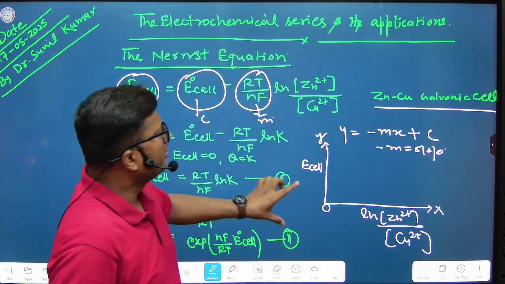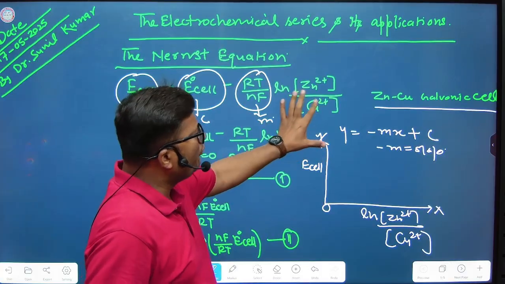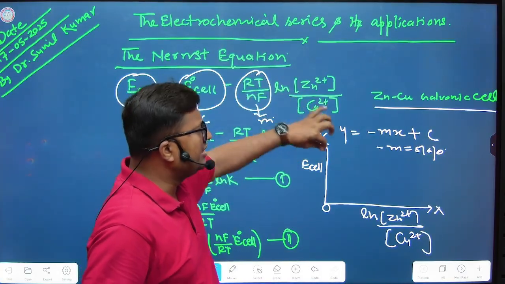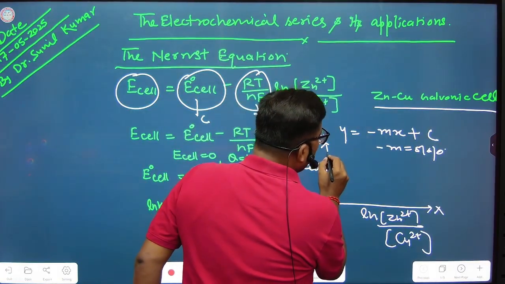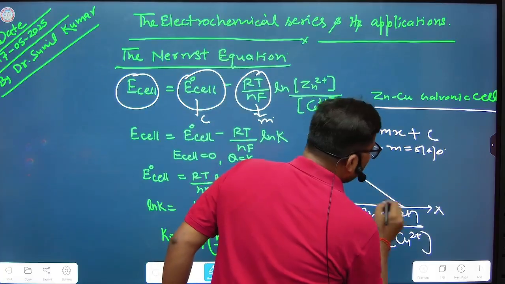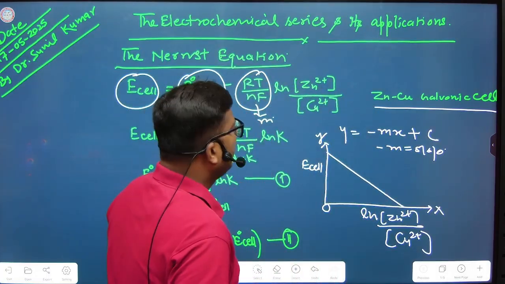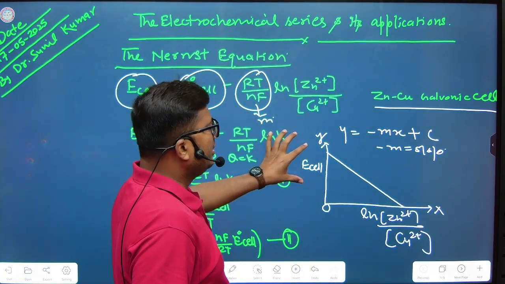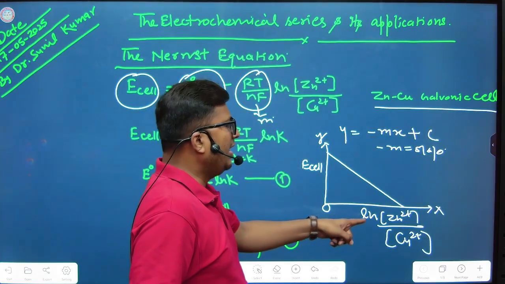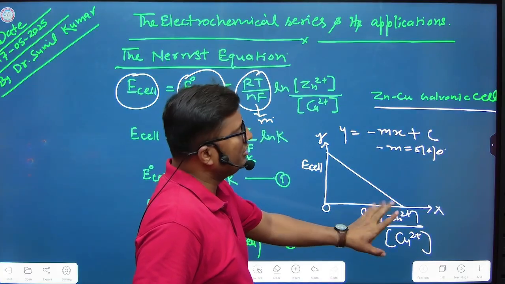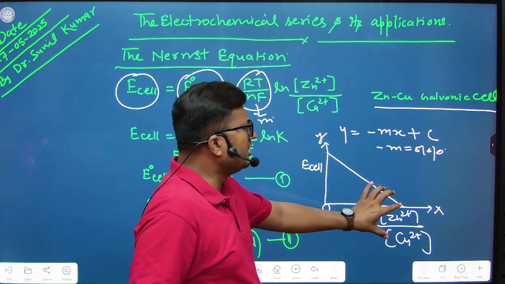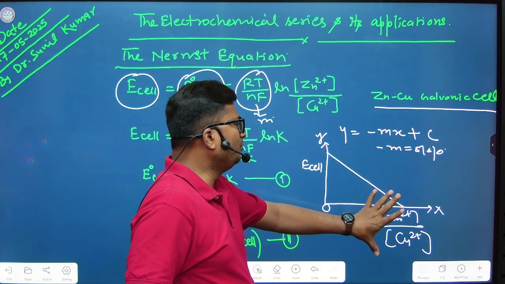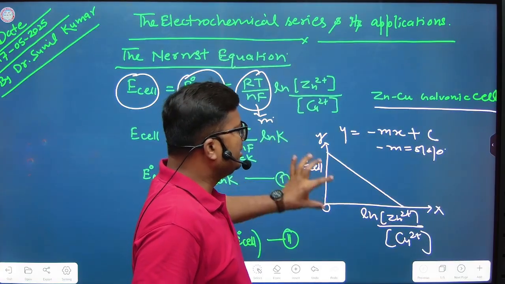Rather, the value on the y-axis decreases linearly. It means E cell decreases with ln of Zn2+ over Cu2+, so E cell changes depending on the concentration ratio of this value.